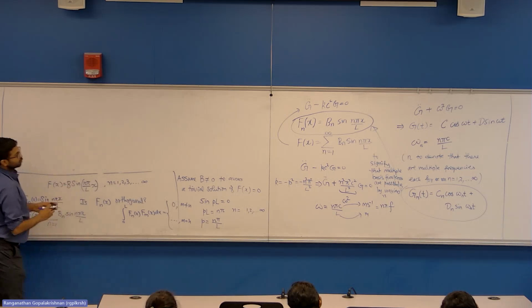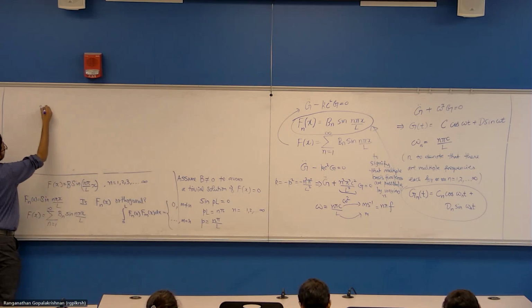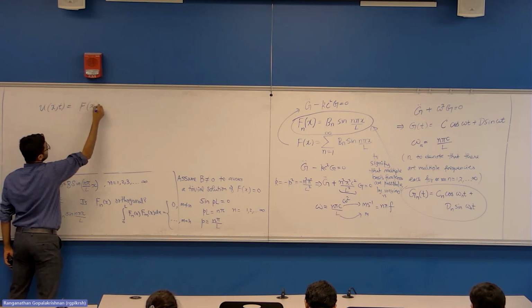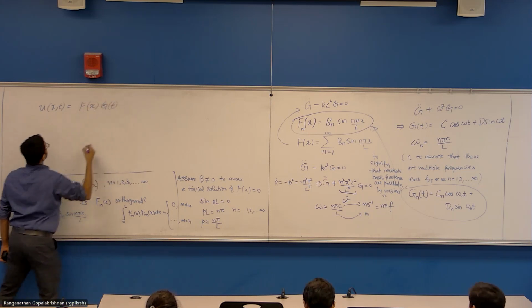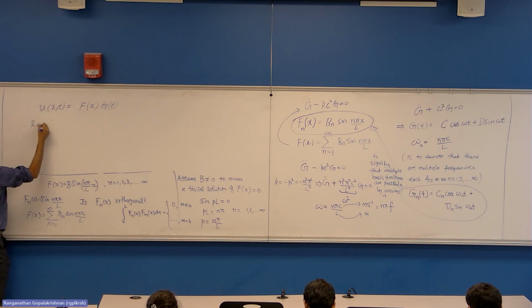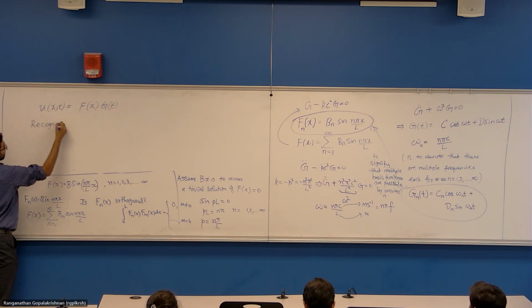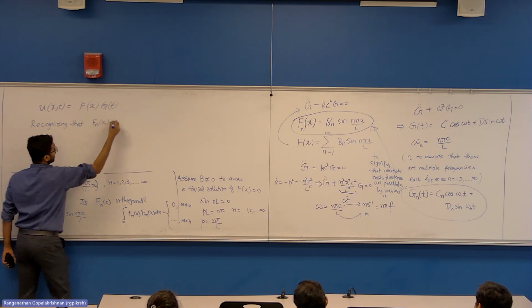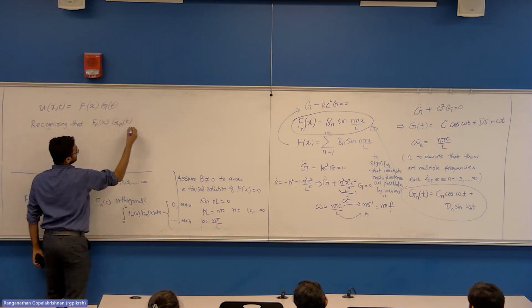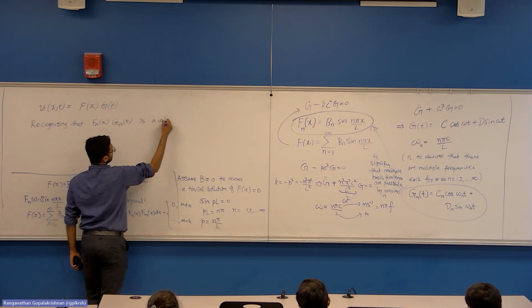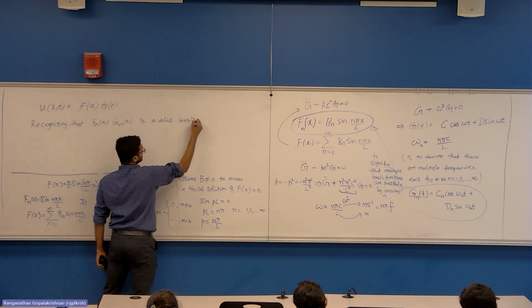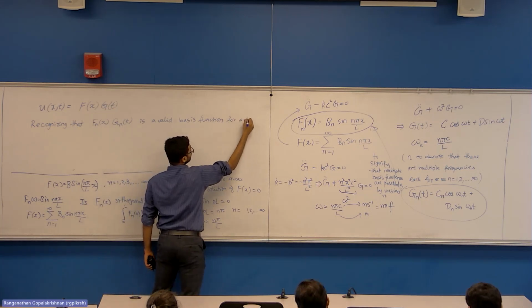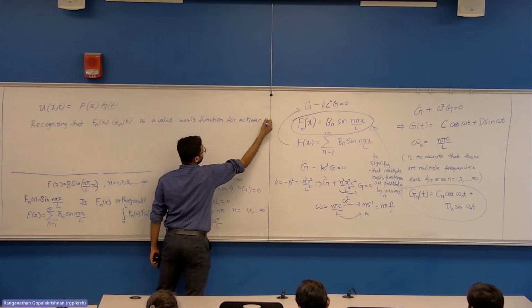So coming back to the function u of x comma t, which we said could be f of x times g of t. We are now recognizing that fn of x times gn of t is a valid basis function for a chosen n.